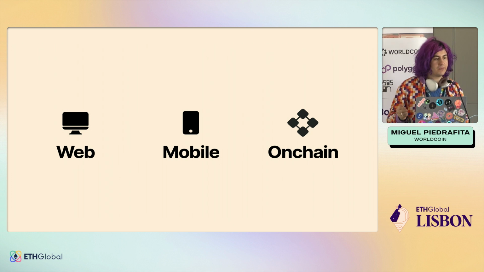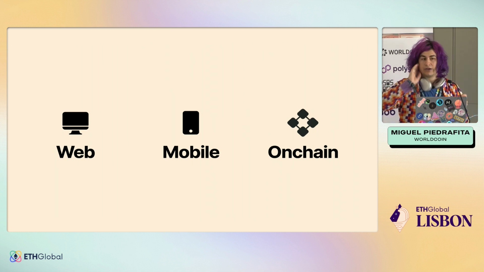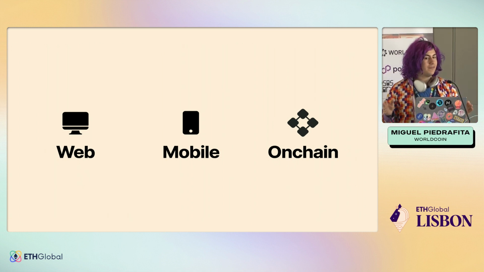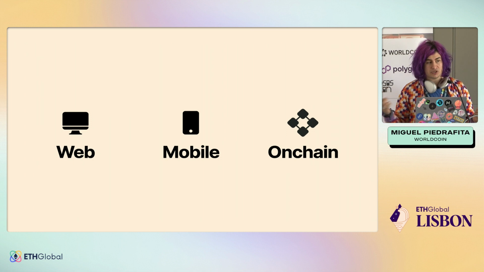So an example here would be if you're building something like Snapshot or a voting platform, you will be able to have a unique action for each governance proposal, making it so that you can still make sure on each proposal that people are only voting once and they're not attacking the vote somehow, but at the same time not being able to trace people between votes. So you get anonymous vote here, anonymous vote here on different proposals, and you have no way of telling if these votes are from the same person or not. But when someone tries to vote twice on the same proposal, that's when you can identify them.